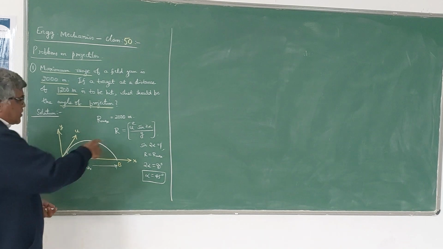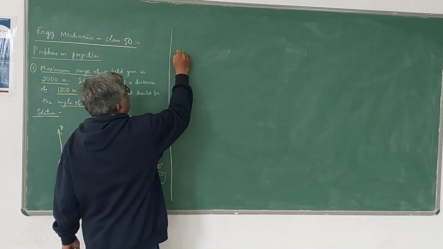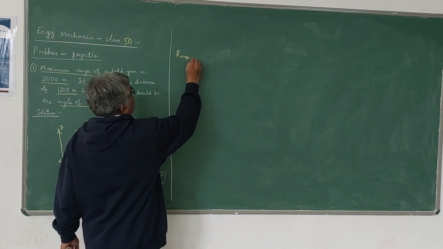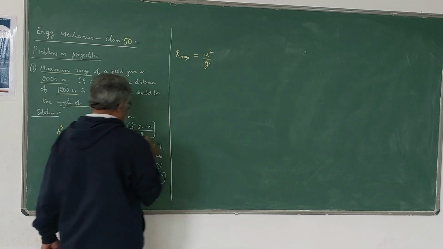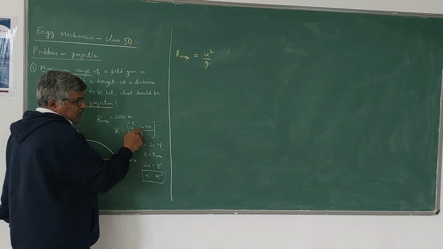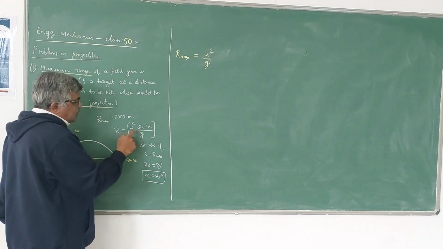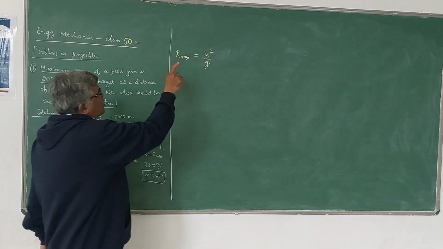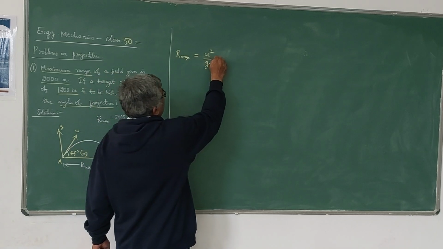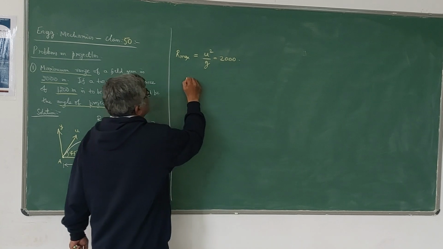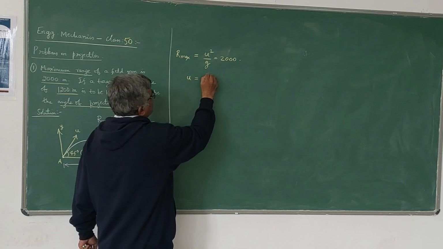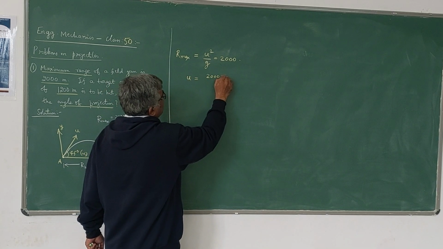Now let us use this formula to calculate u. R max is equal to u square by g, because sin 2 alpha will be 1 when R is equal to R max. So u square by g we are going to get. We have this as 2000 meters, as given in the problem. Therefore, if you find u from this, it is the square root of 2000 into 9.81.